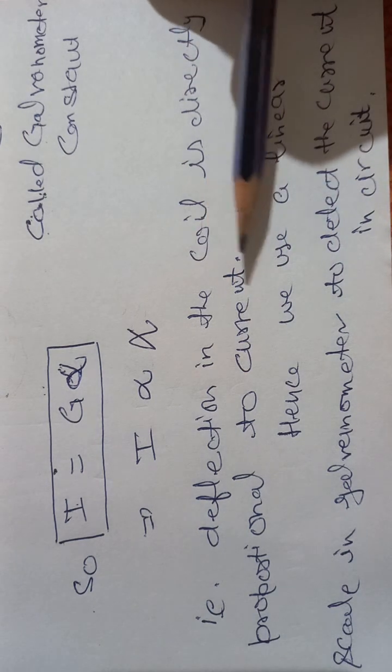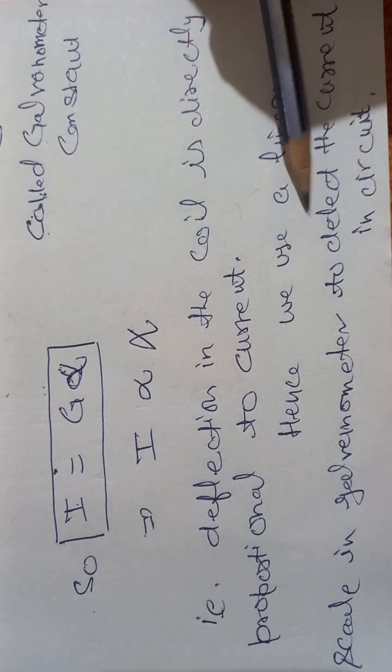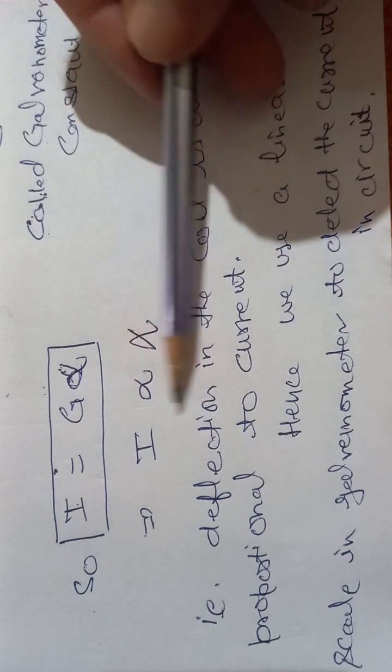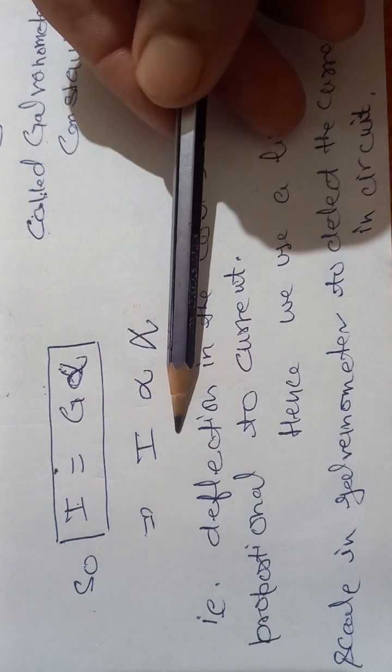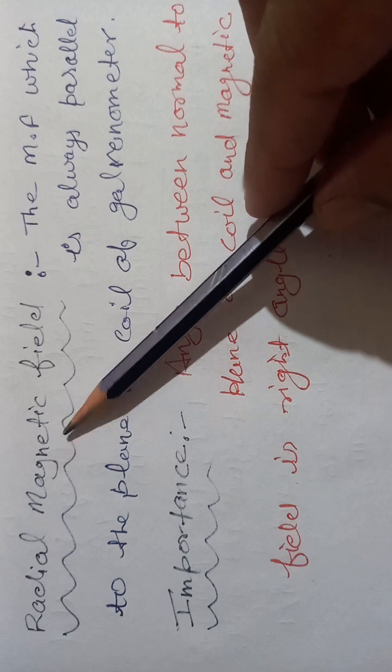This is also a 1 mark question: why do we need a linear scale in a galvanometer to detect the current? Because I is directly proportional to alpha, meaning deflection has a direct relation with current. Now next is radial magnetic field.